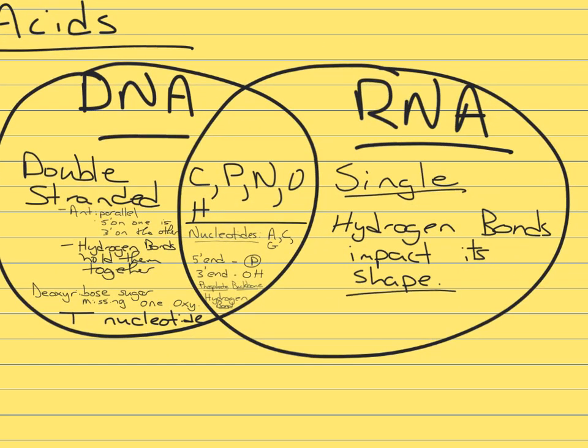So RNA does a lot. It's not just informational. DNA is pretty much informational. By the way, that's the purpose of DNA, information. RNA is used for information, but it can also be an enzyme, all right?